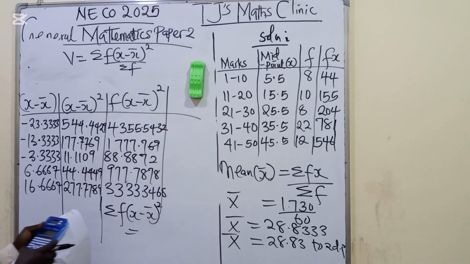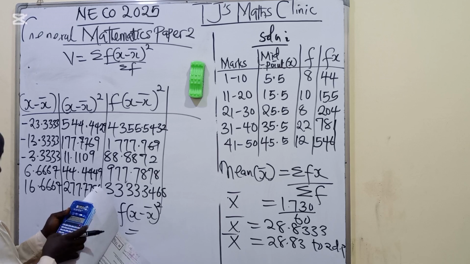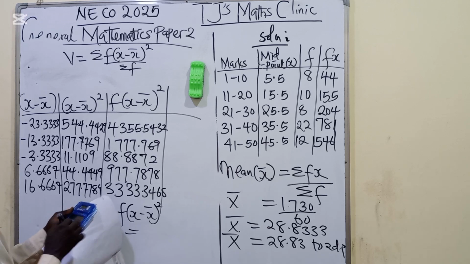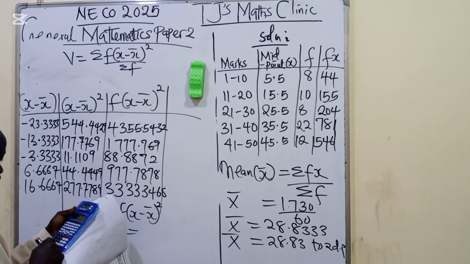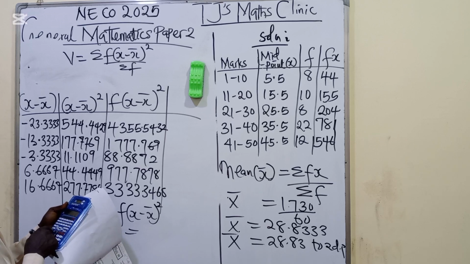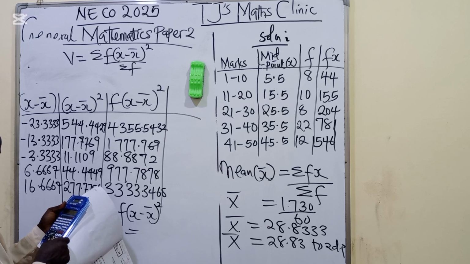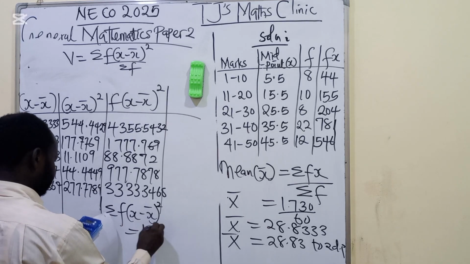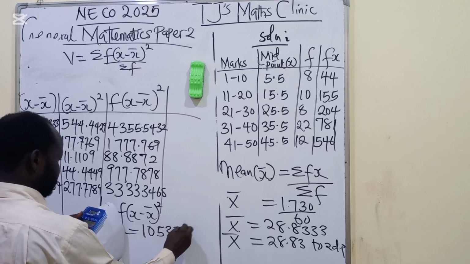The next thing for us to do is to find summation f into x minus x bar all squared. What will be the summation? Let's add 977.7878 plus 88.8872 plus 1777.769 plus 4355.5432 plus 3333.3468. We'll get 10533.334.